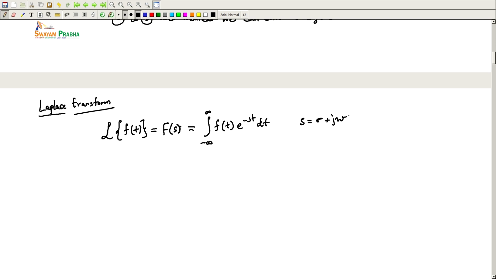So, the whole idea is we are taking a time domain function f of t and converting it into a frequency domain function F of s.